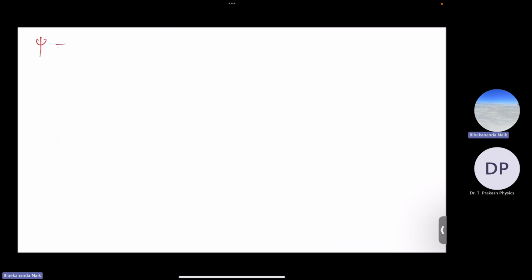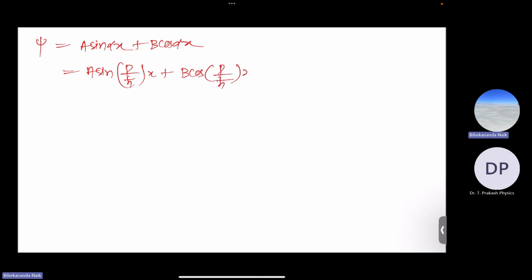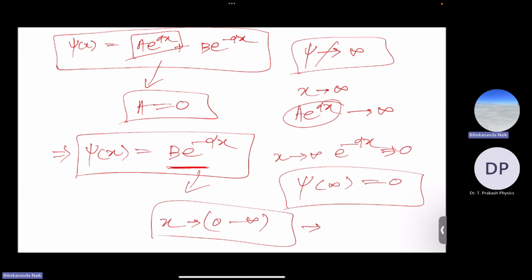It will be psi equals A sin alpha x plus B cos alpha x, is it not? So it will be A sin p by h cross x plus B cos p by h cross x. Here we calculated that for x equal to infinity our function was infinity, so A should be 0.